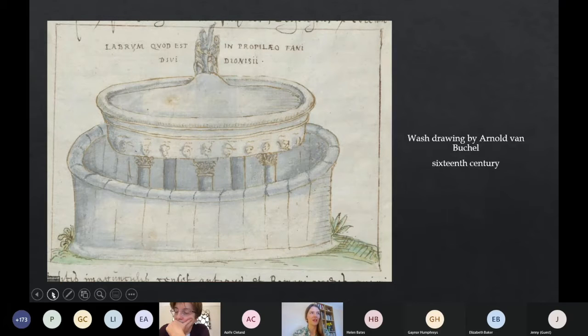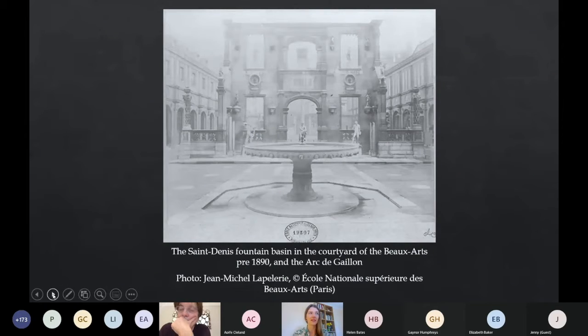Van Buchel carried out this wash drawing when he visited Saint-Denis at the end of the 16th century in 1585. Now, unusually, the outer surface of the basin is carved in low relief with 28 heads set in medallions or paterae surrounding the outside of the basin itself. Each is depicted in a combination of portrait and profile. Each of these heads represents a figure from antiquity, and it's an amalgam of animals, elements, allegories, heroes, mythological figures, and both Roman and Greek deities.